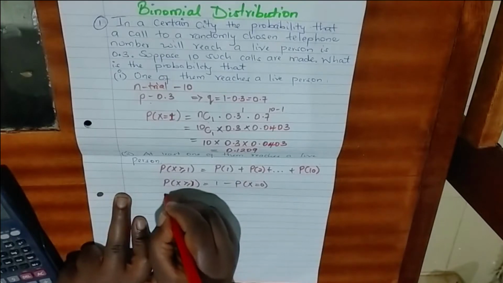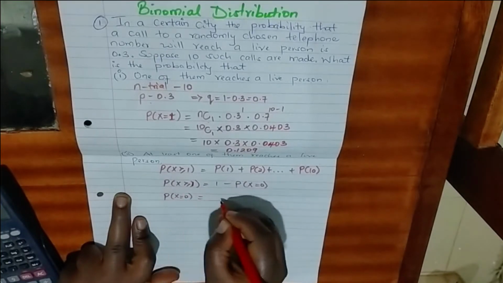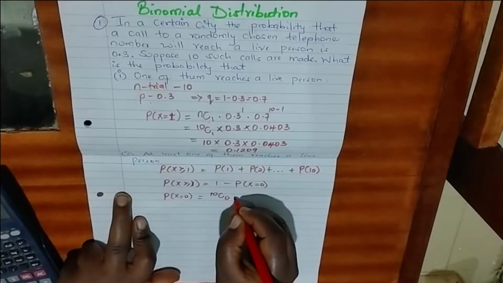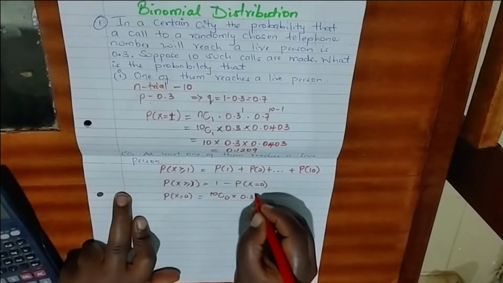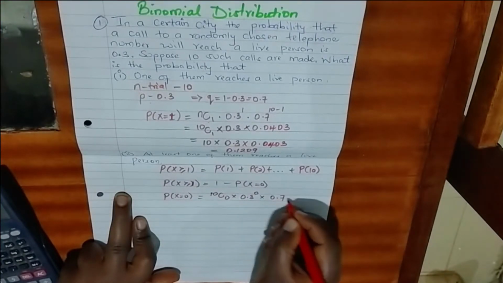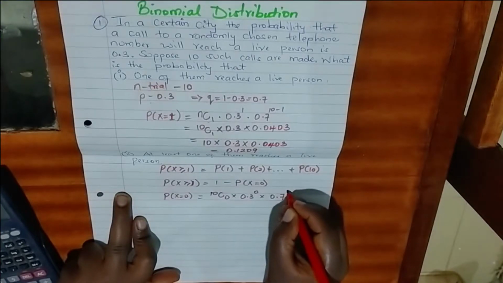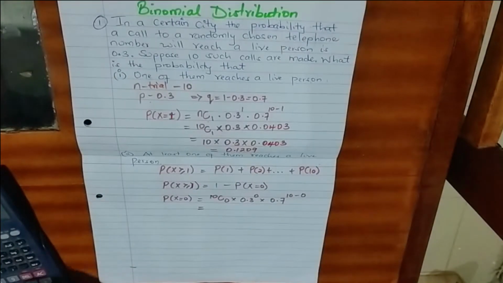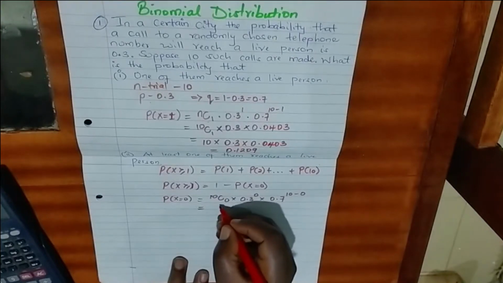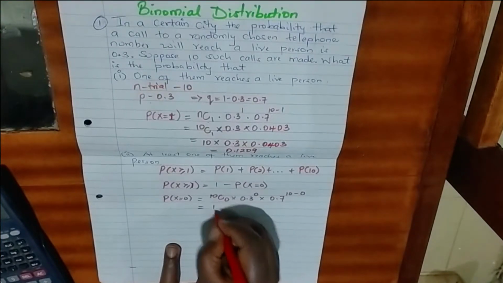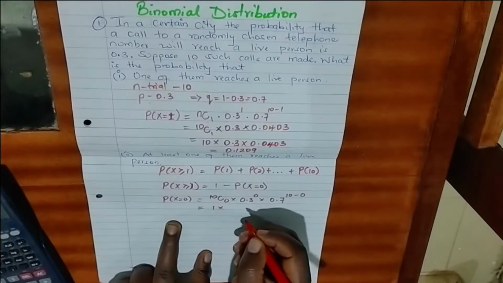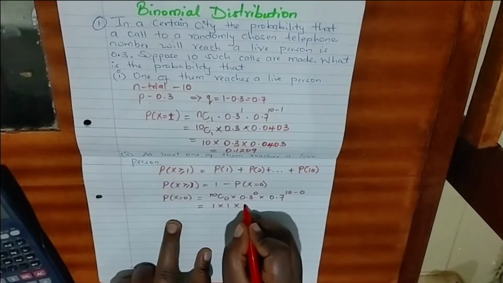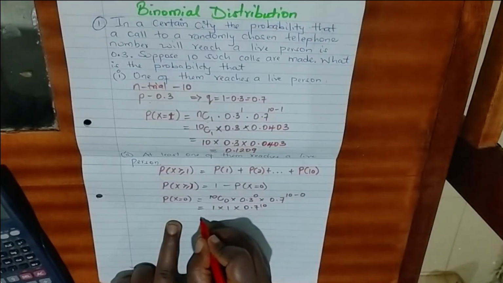So P(X equals 0) will be equal to 10 combination 0 multiplied by 0.3 raised to power 0, multiplied by 0.7 raised to power 10 minus 0. 10 combination 0 is 1, and 0.3 raised to power 0 is 1, so this is 0.7 raised to power 10.